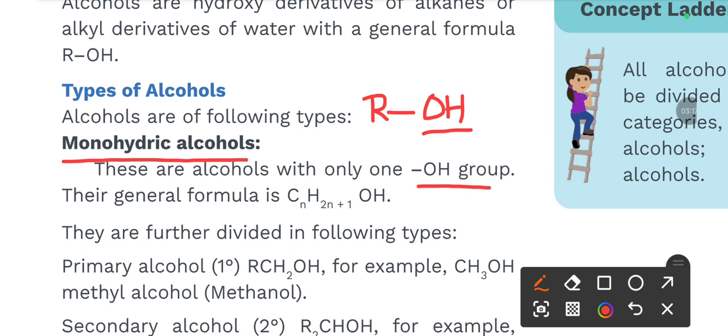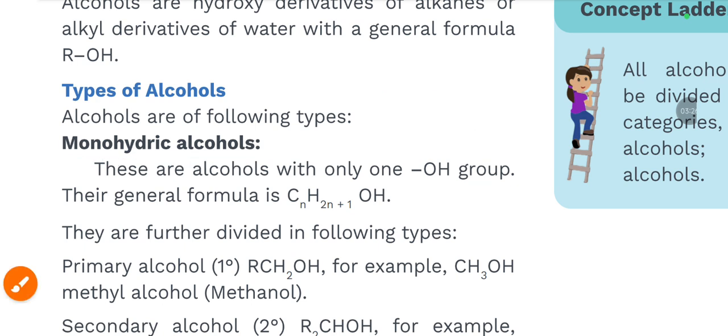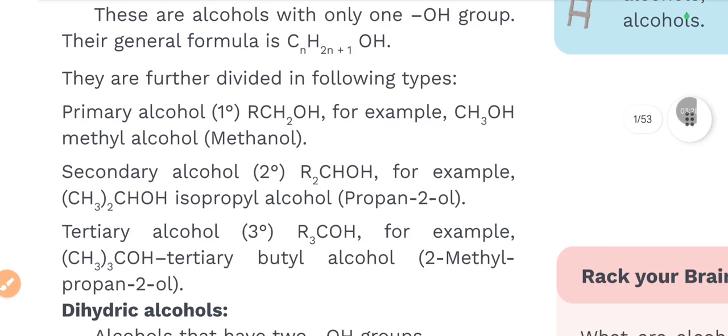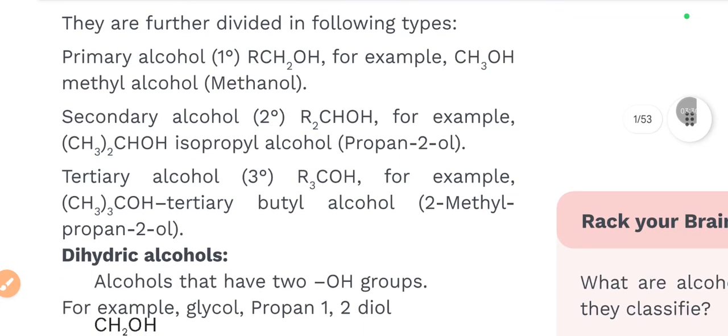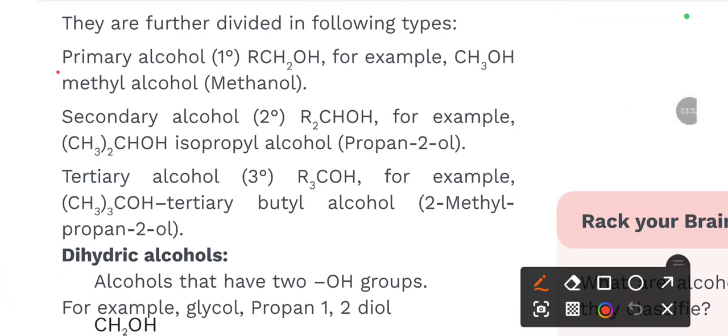So the general formula is CnH2n+1OH. This monohydric alcohol can be again divided in three categories. These three categories are primary, secondary and tertiary. So the first category is primary, second is secondary, third is tertiary.